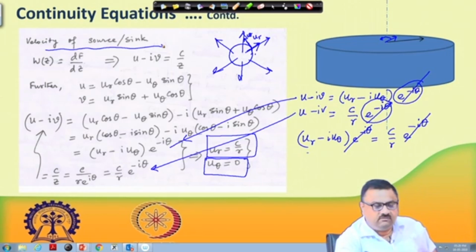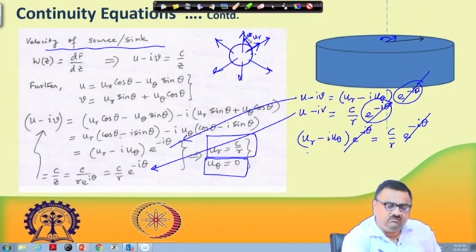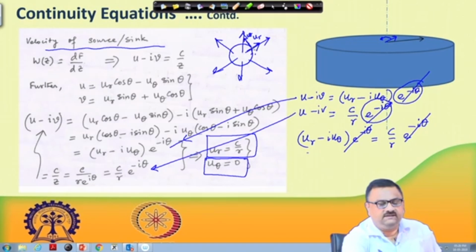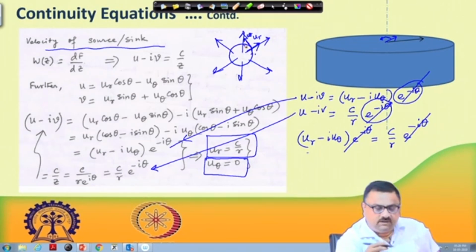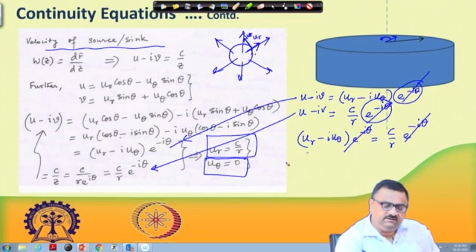So, we are noting here that u r exists, and u theta is 0. U theta cannot exist. Perpendicular to the streamline, there cannot be any flow. Further, you remember in the previous lecture we said that if C is positive, it is a source.